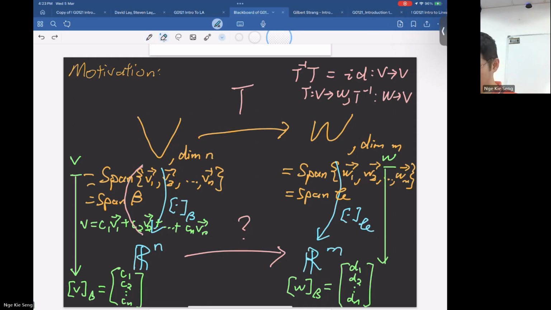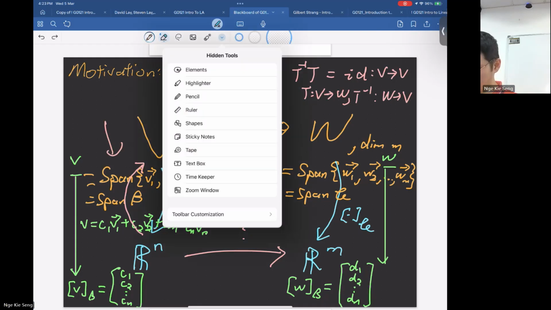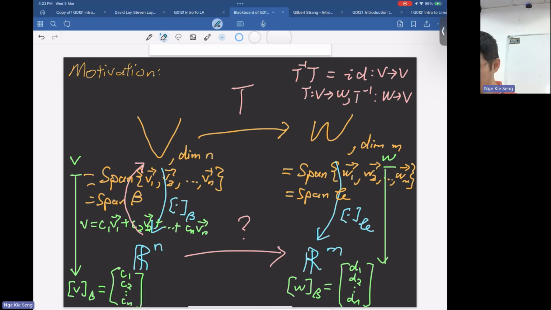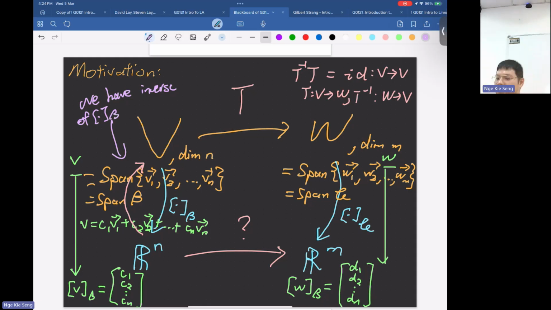Actually, we do have this inverse here. Let me draw it. So we have the inverse of the coordinate mapping. Why?